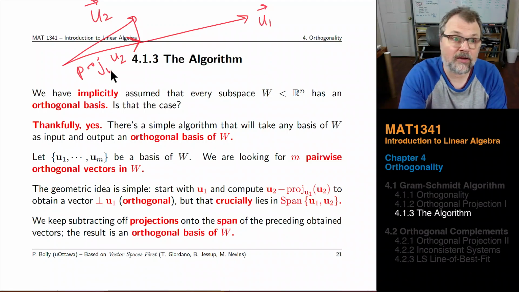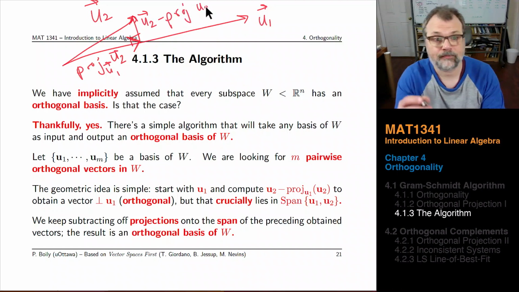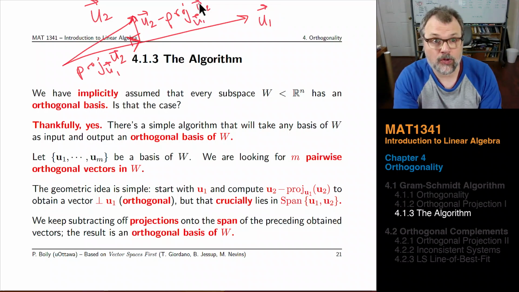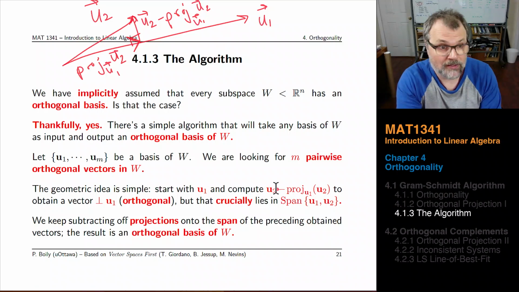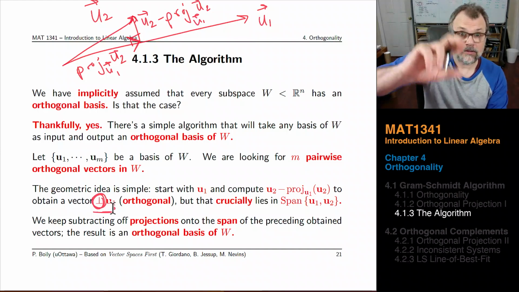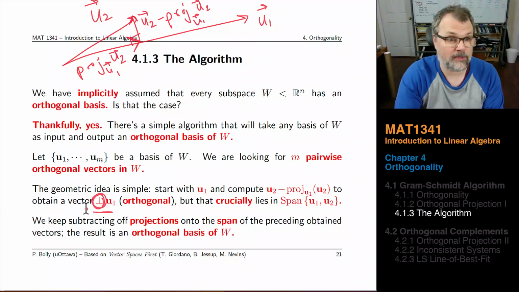And we know that the perpendicular vector right here, that's u2 minus the projection of u2 on u1. But why is that useful? By definition, u2 minus projection u1 is perpendicular to u1. That's the notation we're going to use to talk about perpendicularity. A little t upside down, a little flipped up t.